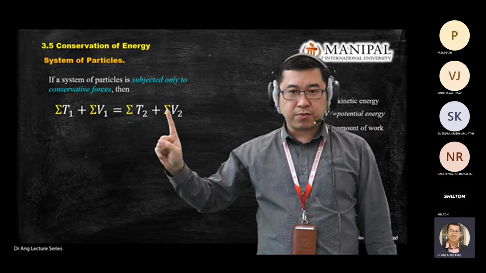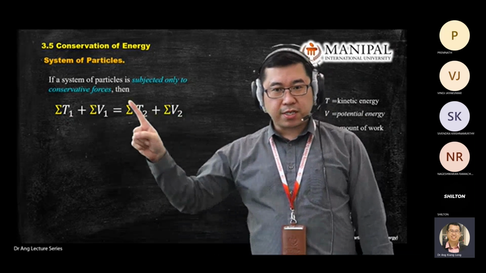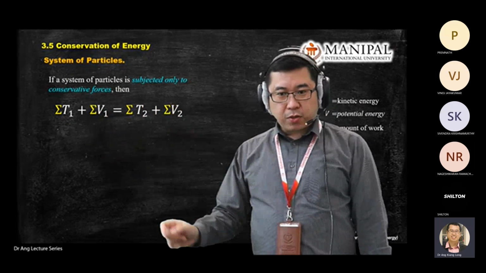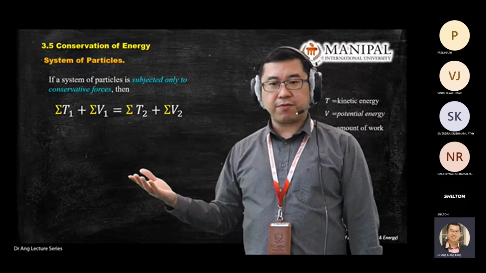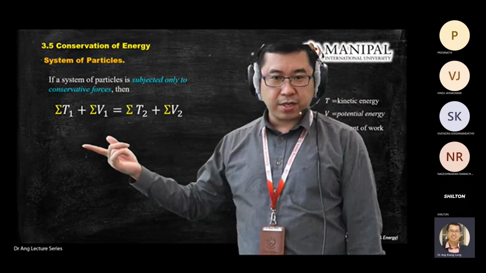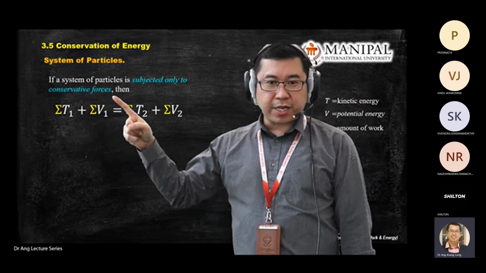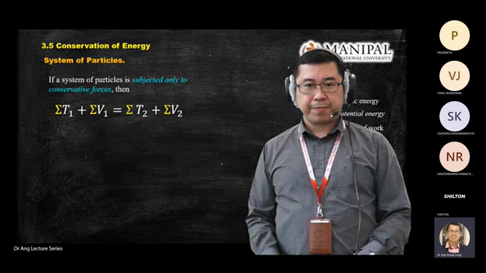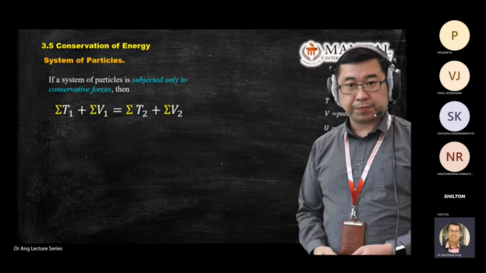Same with this one and this one. So this is the conservation of mechanical energy: kinetic potential, kinetic potential. Right? On the left is before, on the right is after.